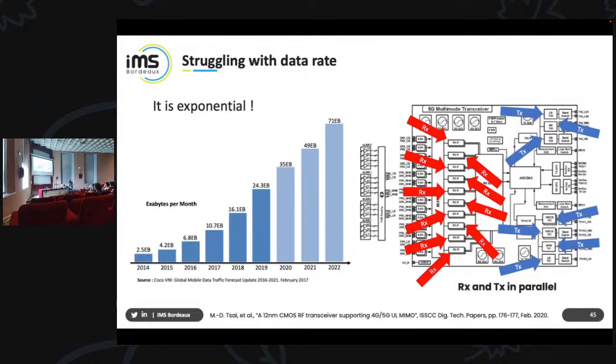More than 70% of the internet is video, is streaming. And half of the streaming is, let's say, non-informative at all. That means that we exchange a lot of data for nothing. But, well, how can we rule that? Can we reduce it? No. So we have to follow the trend and to propose always better circuits.